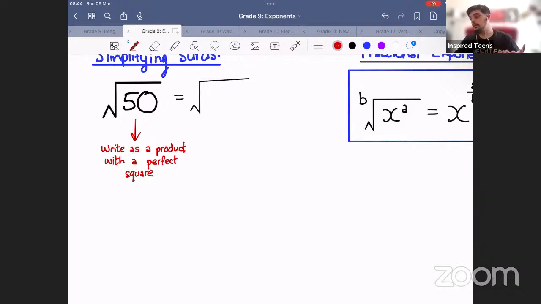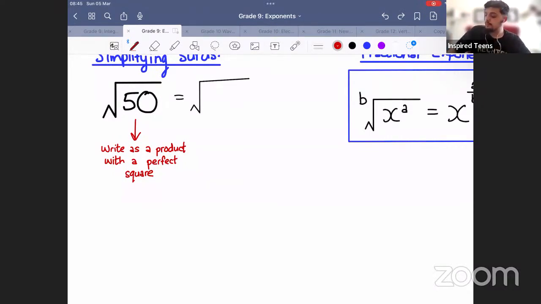Remember, as a multiple. Basically, we want to write factors of 50, and one of the factors needs to be a perfect square. So can somebody give me a perfect square that is a factor of 50?